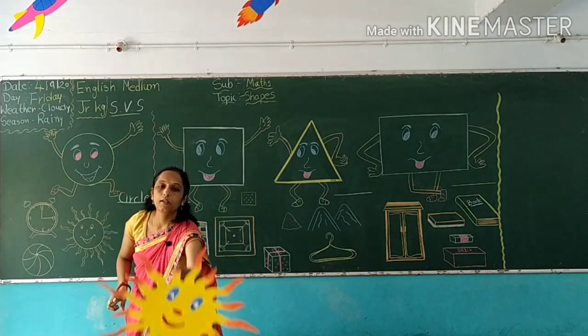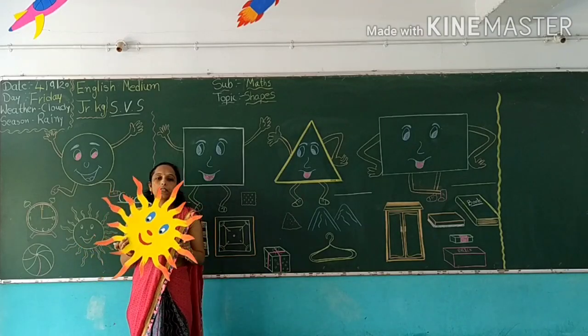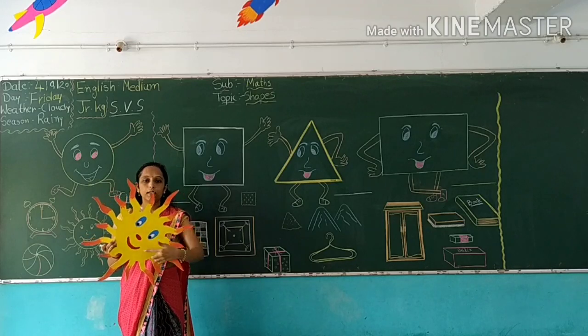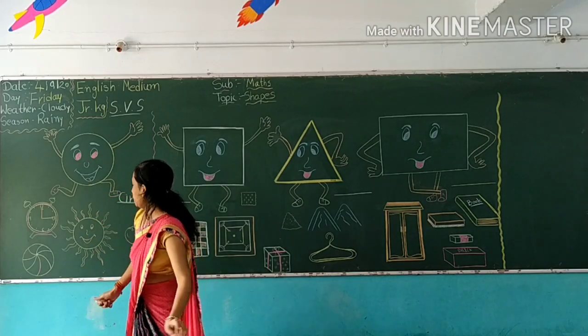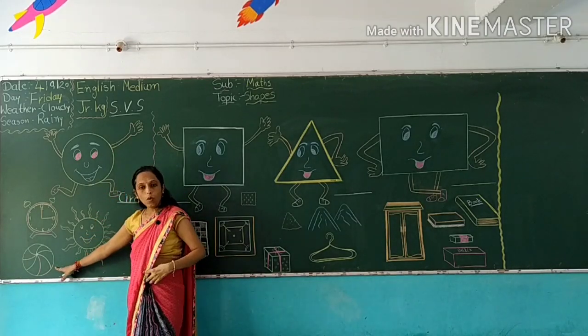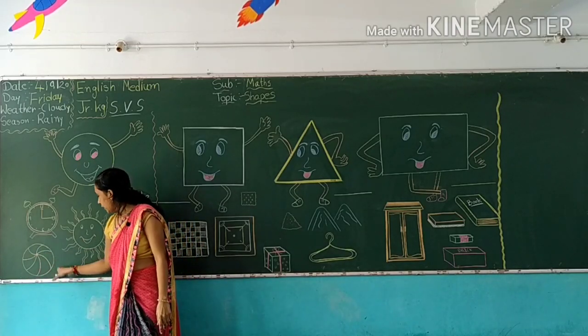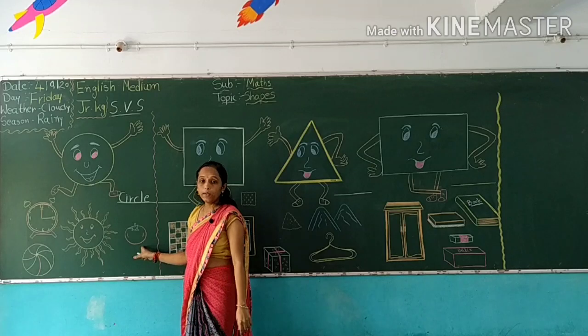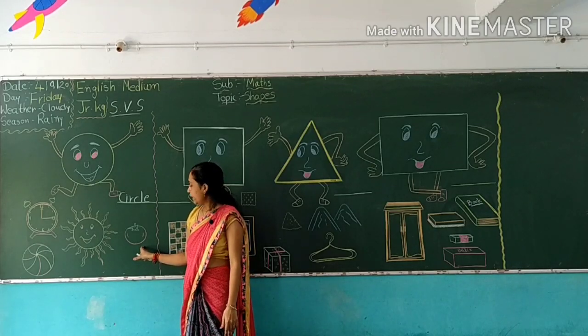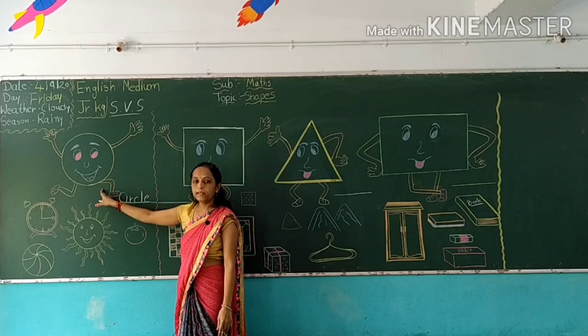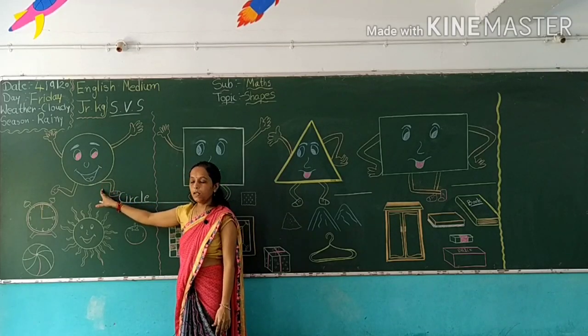The sun is also in circle shape. Okay, and what is this? Ball. The ball is also in circle shape. And tomato. The tomato is circle shape. So look here, which shape is this? This is a circle.